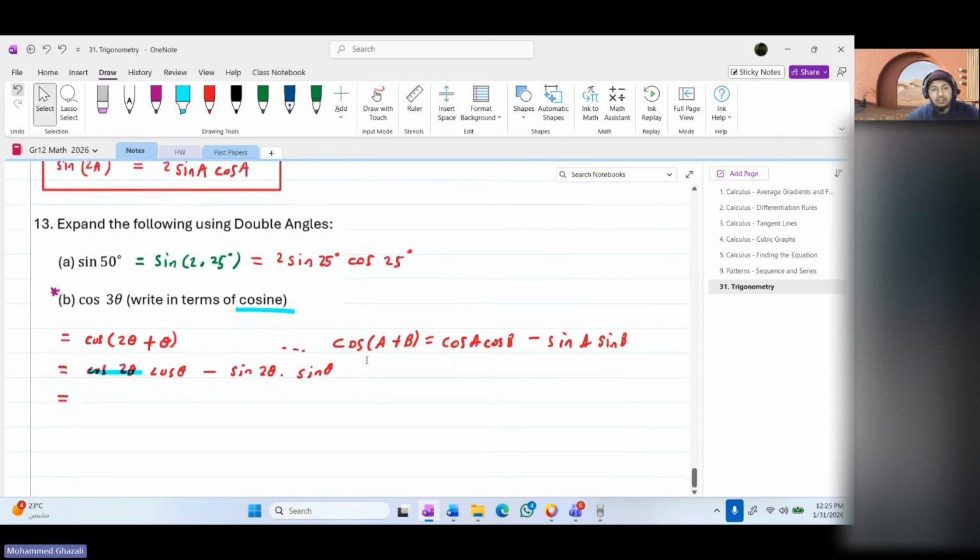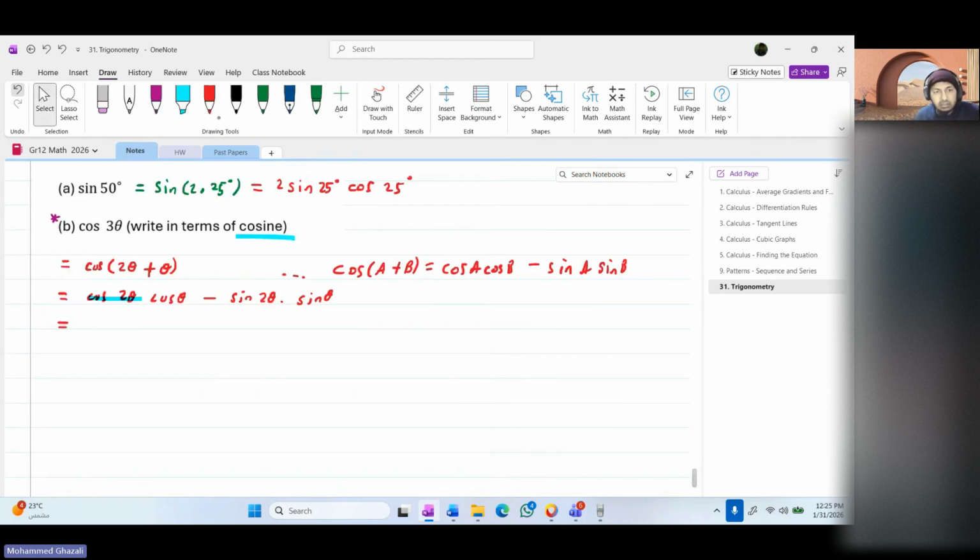So cos of double angle is 2 cos squared theta minus 1, times cos theta, minus, what is sine 2 theta? 2 sine theta cos theta, there's only one double angle for sine, times sine theta.